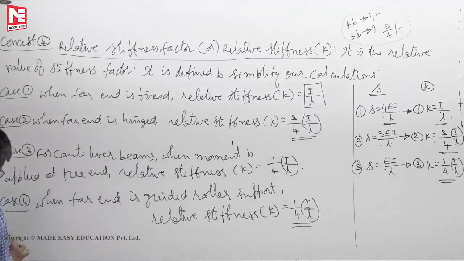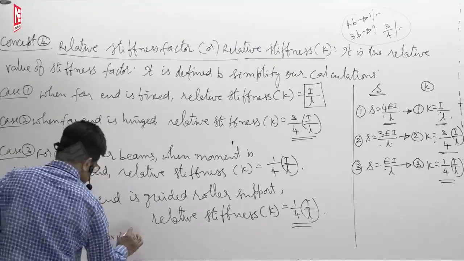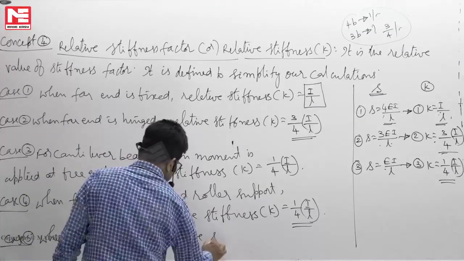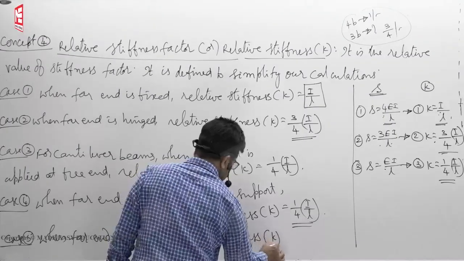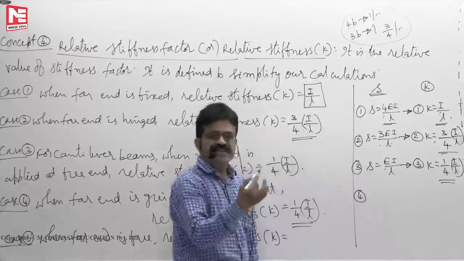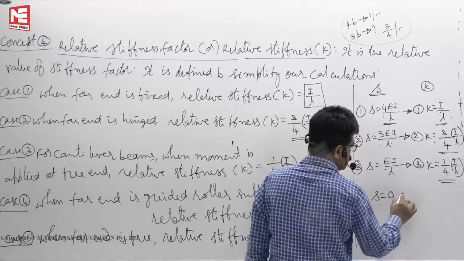Supposing that I take when the far end is free, then what should be the relative stiffness K value? Now you see here, when the far end is free, the stiffness factor, I told you, is 0.